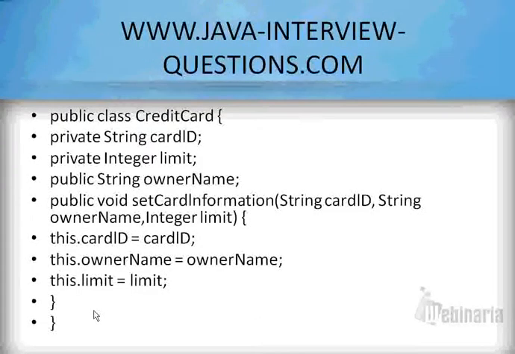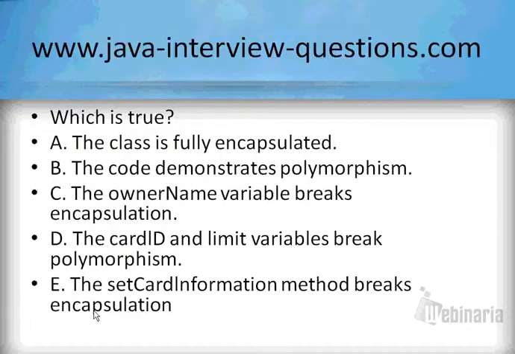So if you see here, public class CreditCard, string card ID, integer limit, and string owner name. First of all, it's not about polymorphism, because we don't have any overloading or overriding here.